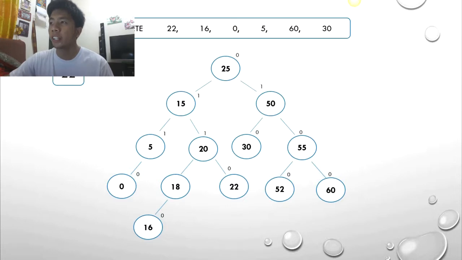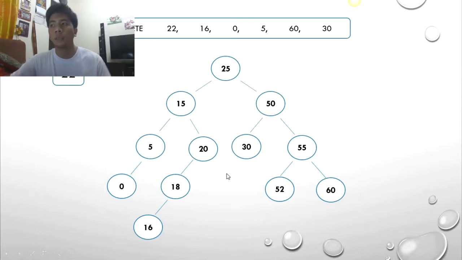Now let's proceed to deleting the node 22. Here on our AVL tree, we have just deleted the node 22. So let's get the balance factor of this AVL tree and see if it is balanced or not. Here the balance factor of 16 is 0, then 18 is 1 minus 0, which is 1, then for 20, on the left is 1, on the right is 0, so 2 minus 0 is 2.